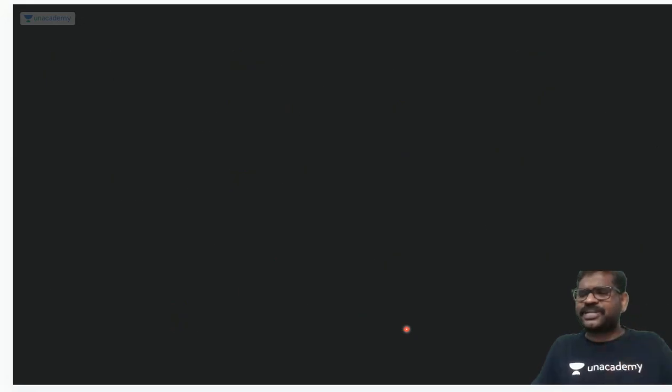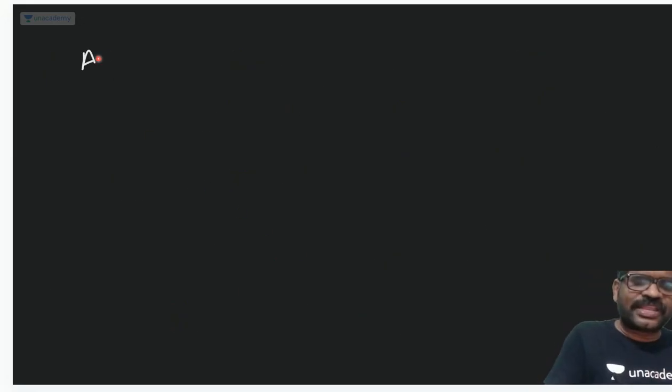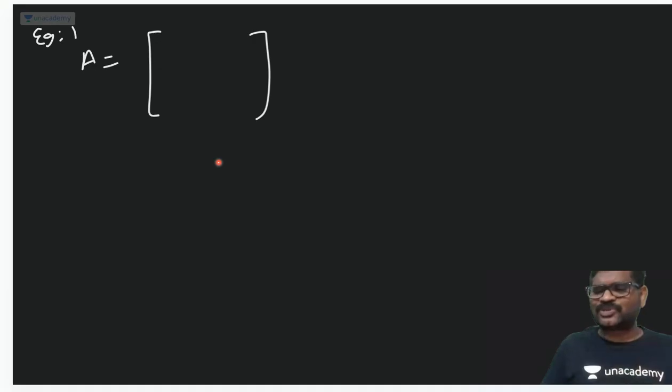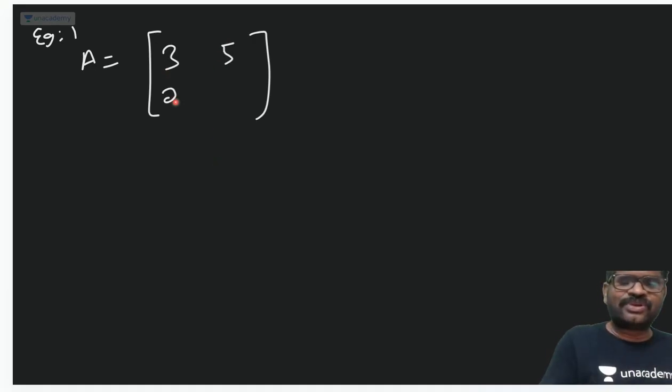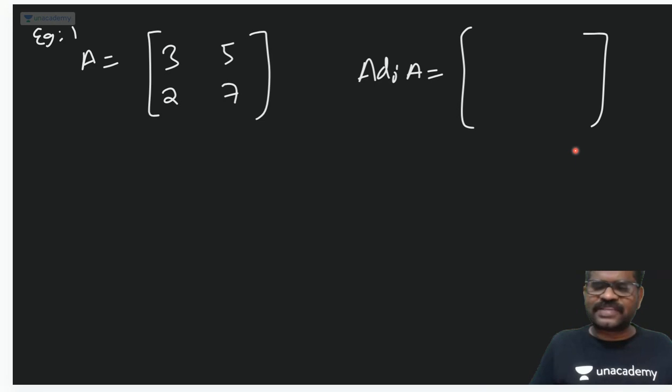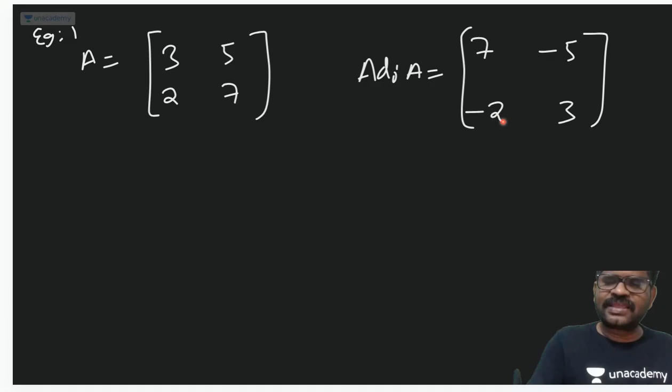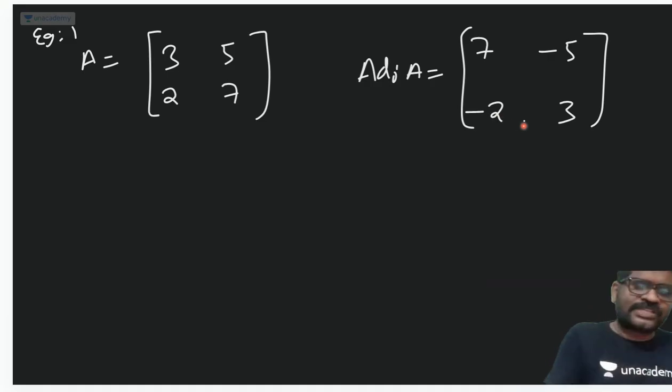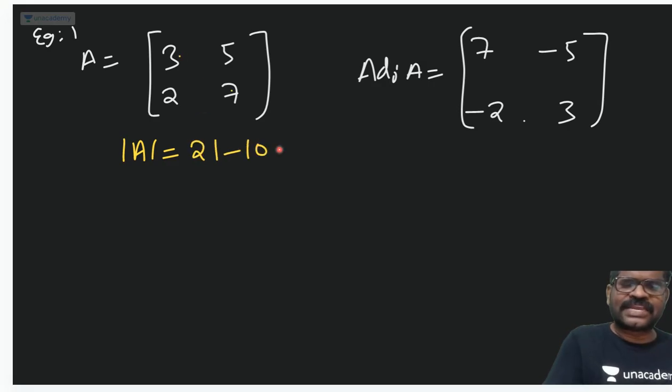I would like to give an example for the first property. Matrix A, I am taking only a simple 2 cross 2: 3, 5, 2, 7. What is adjoint A? Adjoint A is D, minus B, minus C, A. What is determinant value of A? 21 minus 10, 11.